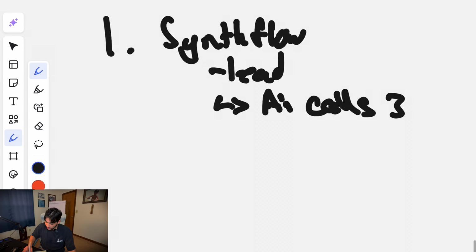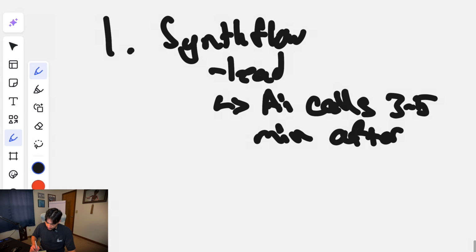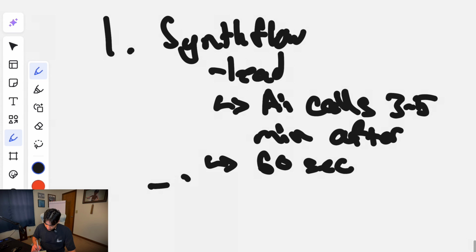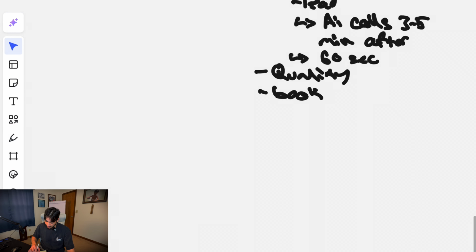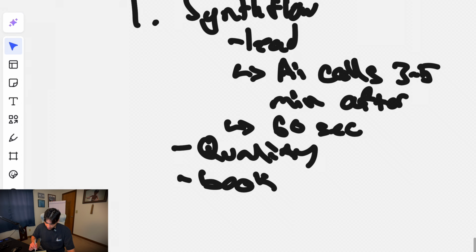AI calls 3 to 5 minutes after, or the sooner the better, so we could do 60 seconds after. The goal of this is to qualify and book. Now, as it goes for outbound, we can make a bot that is going to handle our reminders.